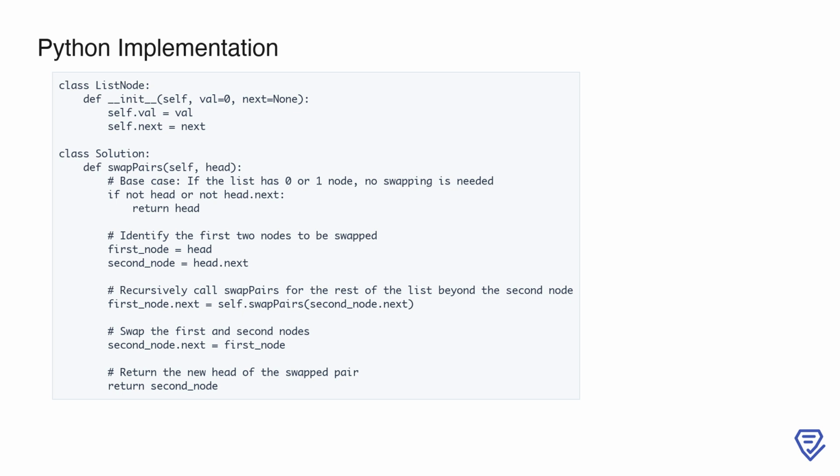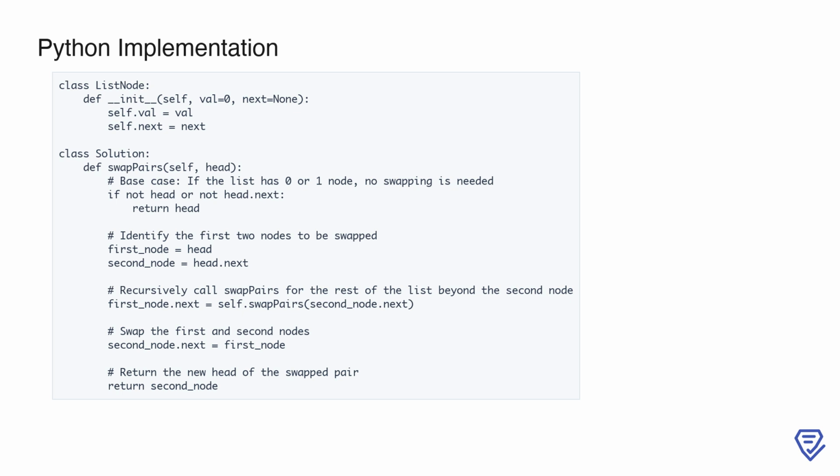After the recursive call, the first_node's next pointer is updated to point to the result of the recursive call, the new head of the swapped remainder. The second_node's next pointer is updated to point to first_node. This completes the pair swap. 6. Returning the new head. After swapping the current pair, the method returns second_node, which becomes the new head of the swapped list.